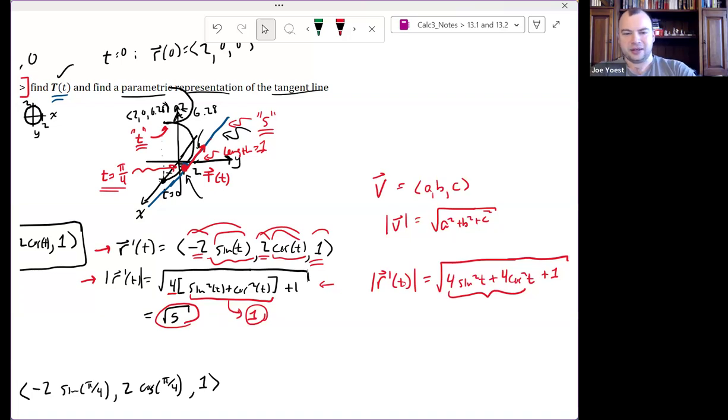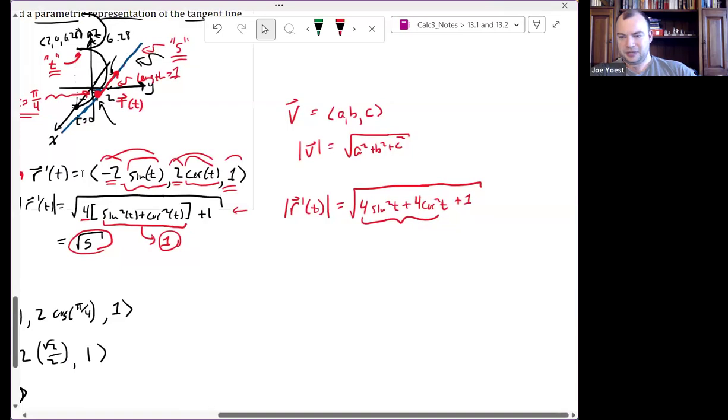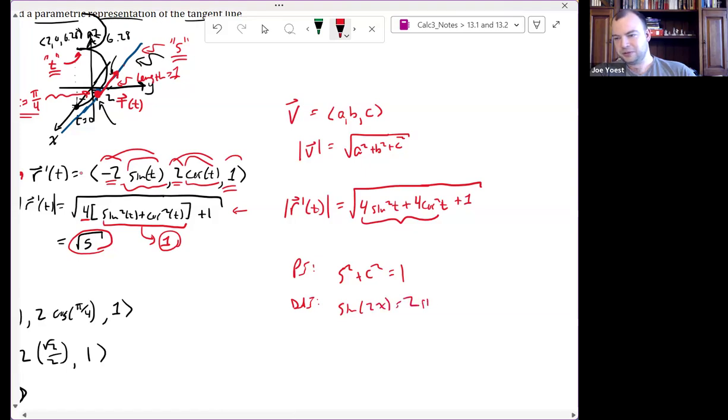Yeah, sure. You don't need to know too many trig identities for this course, but I'd recommend the Pythagorean identity, sine squared plus cos squared equals 1. I would recommend the double angle identities. So like sine of 2x equals 2 sine x cos x, cos of 2x equals cos squared x minus sine squared x.